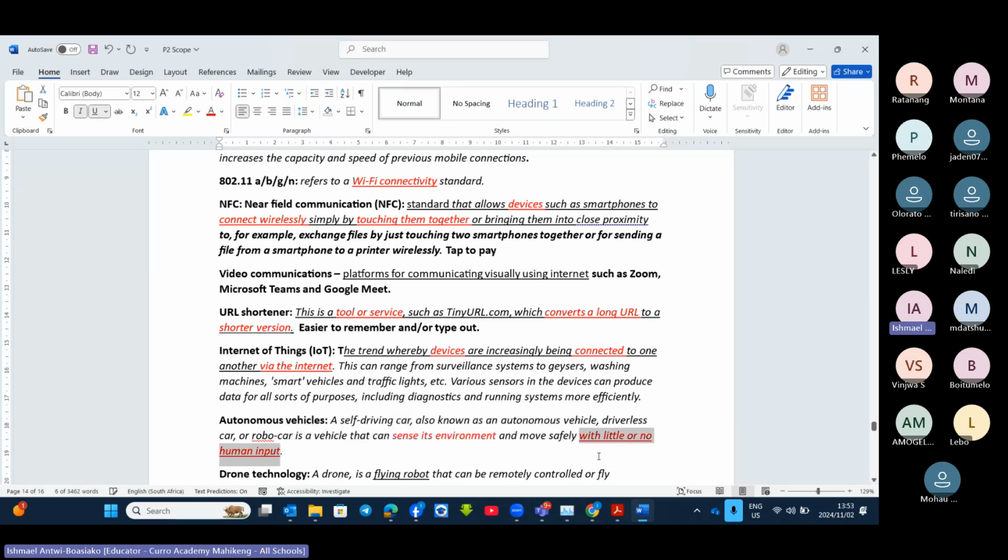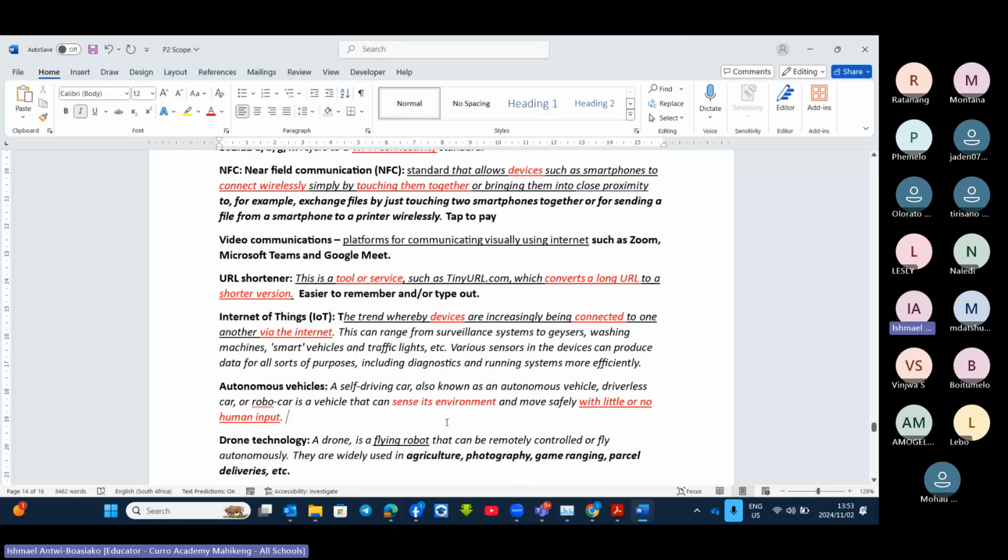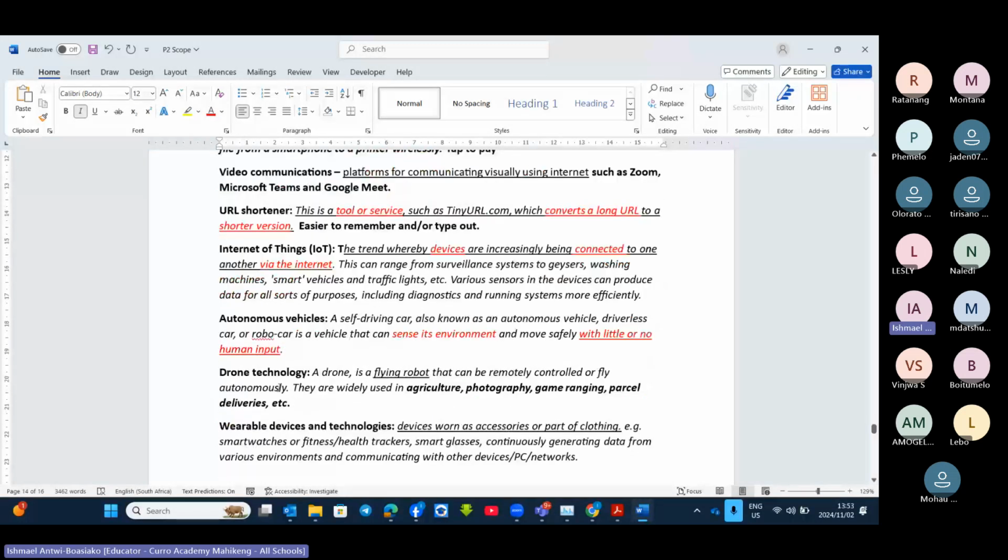They can sense their environment and move safely with little or sometimes without anybody's input. And that's what we call the autonomous vehicle. That's the easier way to define it: a vehicle that can sense its environment with little or no input from human beings. Right. And we also have the drone technology.